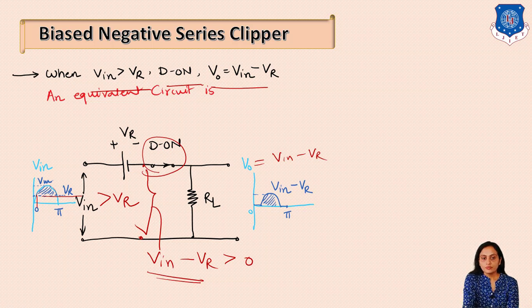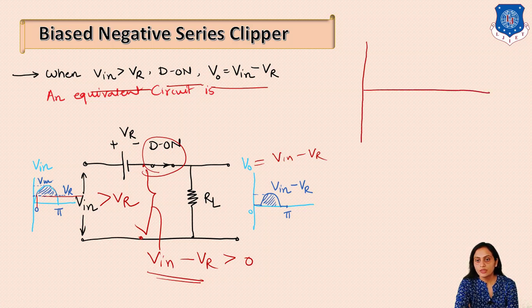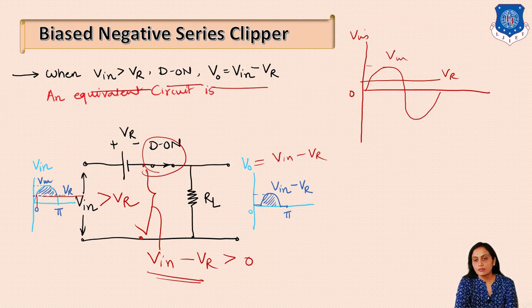If I draw the enlarged version of the waveform, this is the reference voltage, this is the Vin signal, this is your Vm, and this is minus Vm. Till the input reaches the Vr value, the output remains 0, and after Vin is greater than Vr, you are getting output.